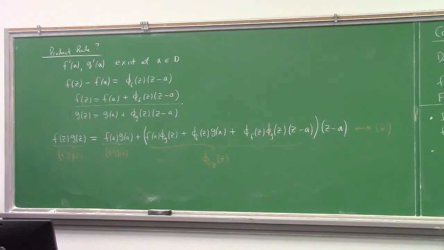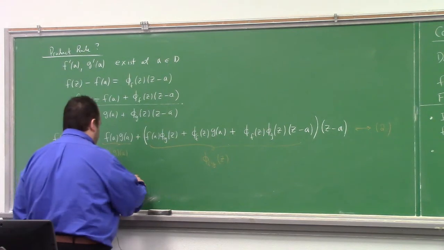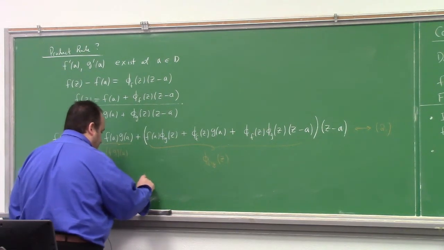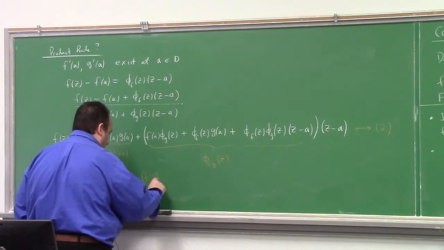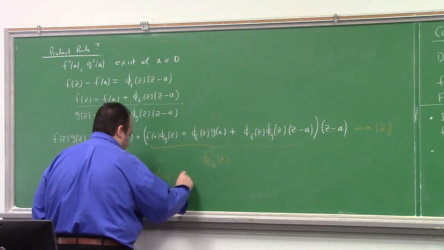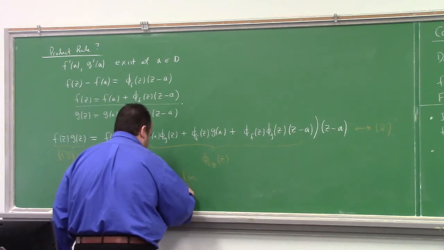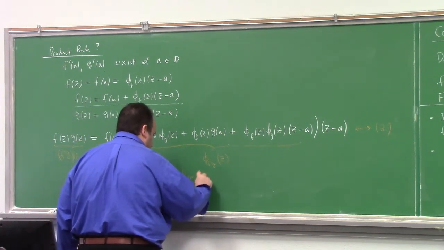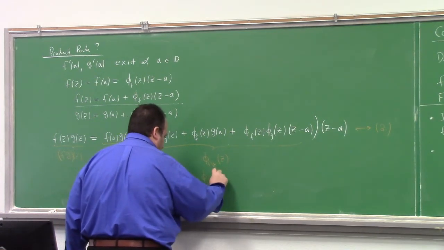So, hey, we've got criteria 1, criteria 2. Therefore, the derivative of f times g exists, and what is it equal to? By the theorem of Caratheodory, fg prime of a is equal to the limit as z goes to a of phi fg of z.